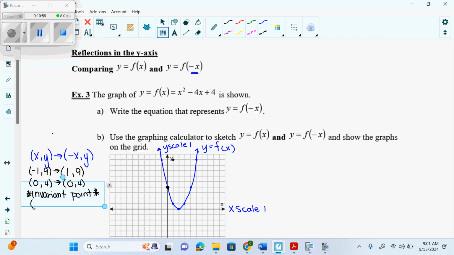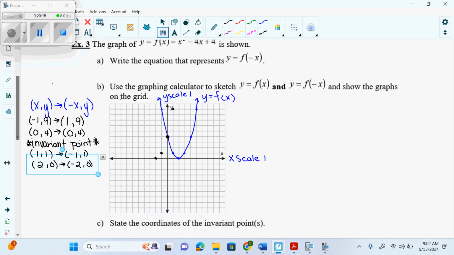Okay, then we have (1, 1). It's going to become (-1, 1). (2, 0) is going to become (-2, 0). (3, 1) is going to become (-3, 1). (4, 4) is going to become (-4, 4).